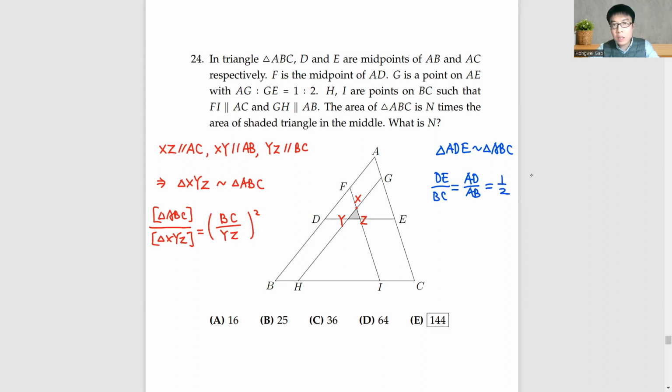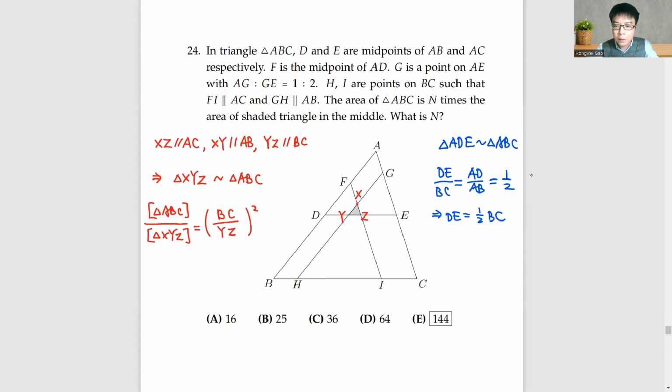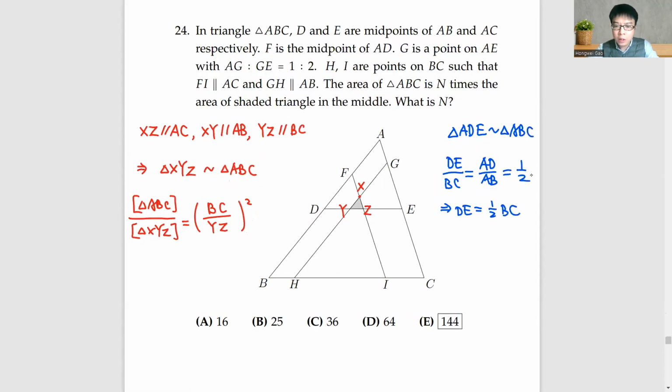In other words, DE is 1/2 of BC. We're doing this because YZ is a part of DE. So we try to connect those lengths. Now we know DE. So next, let's see what fraction of DE is YZ, right?